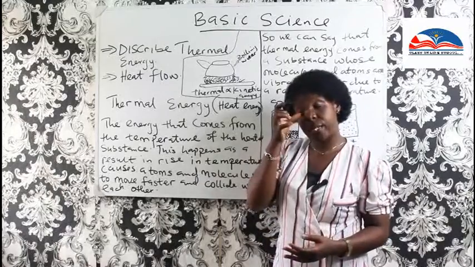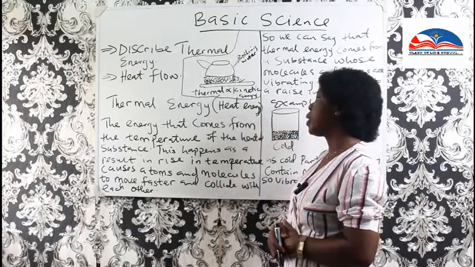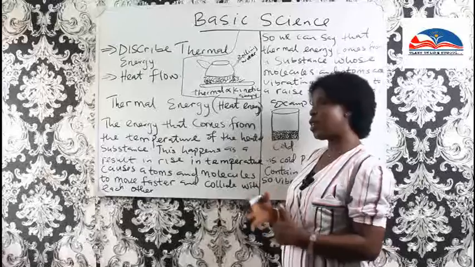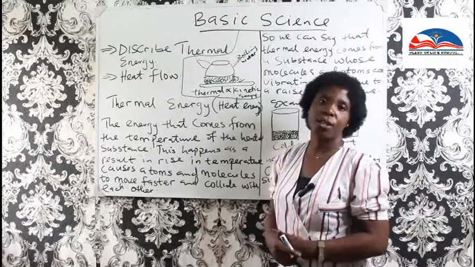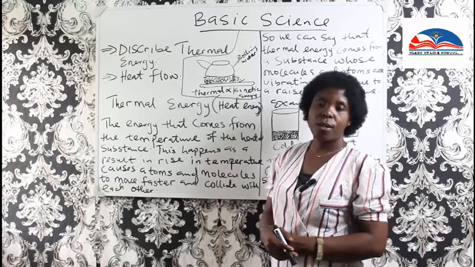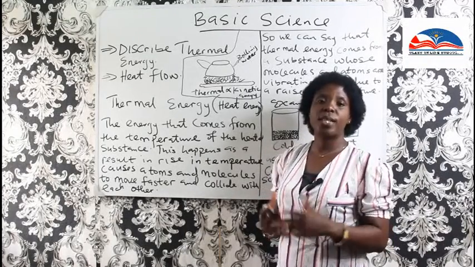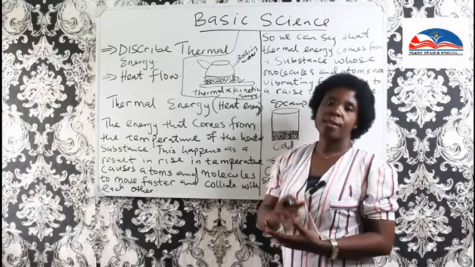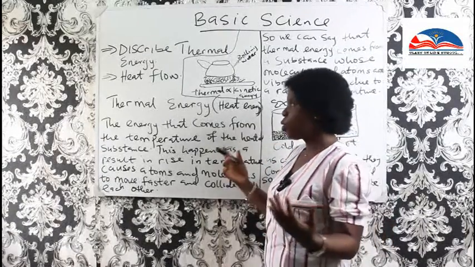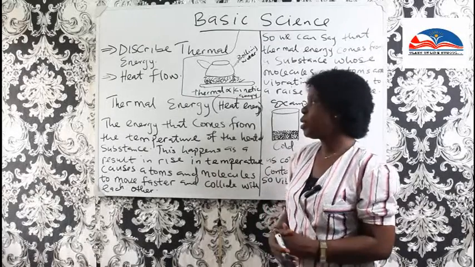What thermal energy is. What is thermal energy? We're going to try to explain it. Sometimes we call it heat energy because it has to do with increase in temperature, higher temperature. So what is thermal energy?